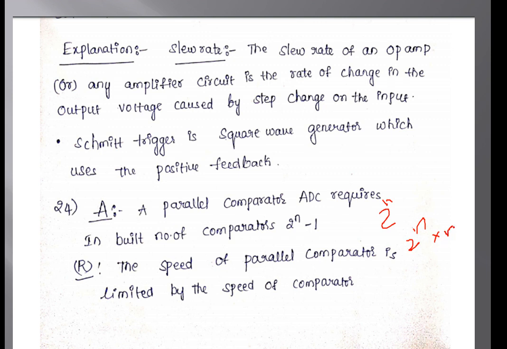So the parallel converter or flash type converter requires 2 power n minus 1 comparators, 2 power n resistors, and 2 power n cross n priority encoder.